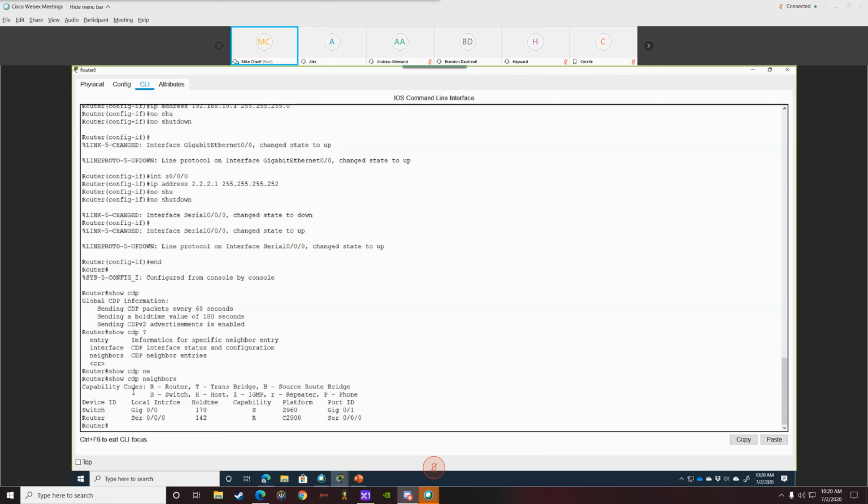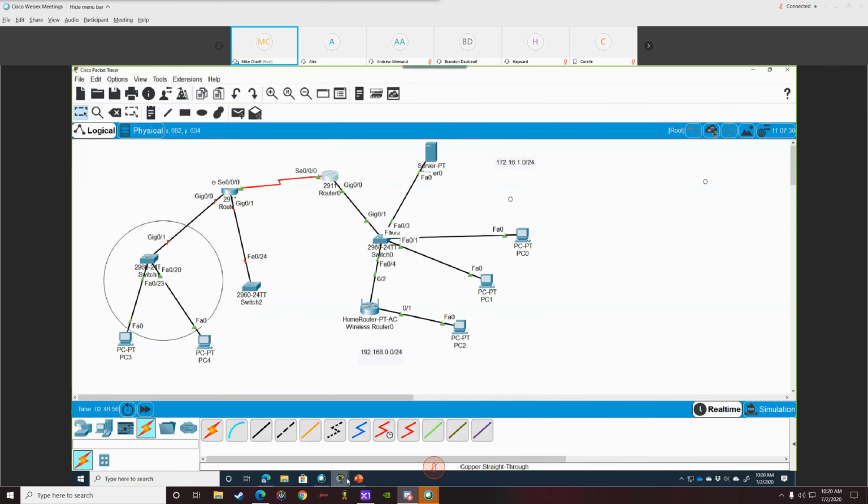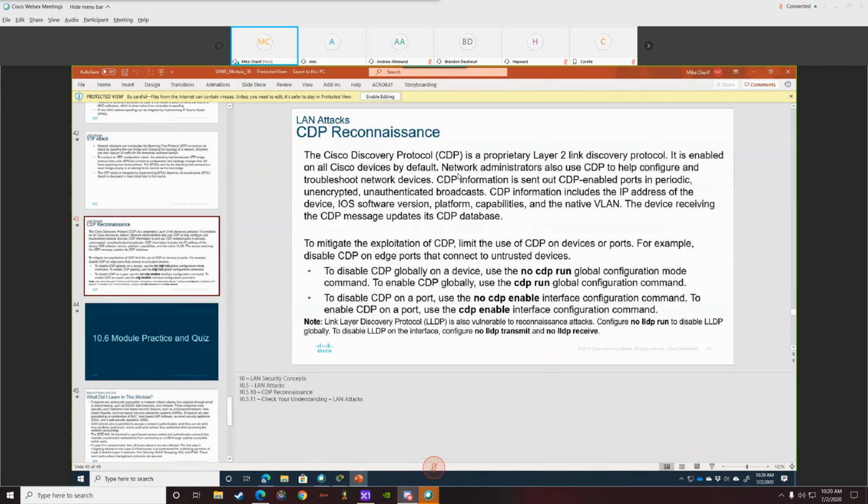People use it for troubleshooting purposes, but after you troubleshoot, you need to disable CDP to prevent future attacks. And that's what they're talking about here.